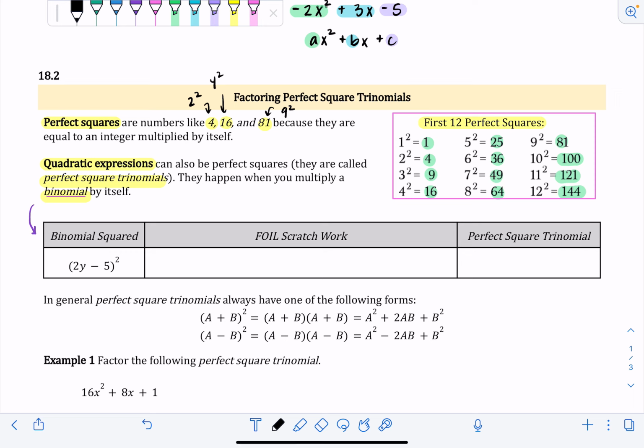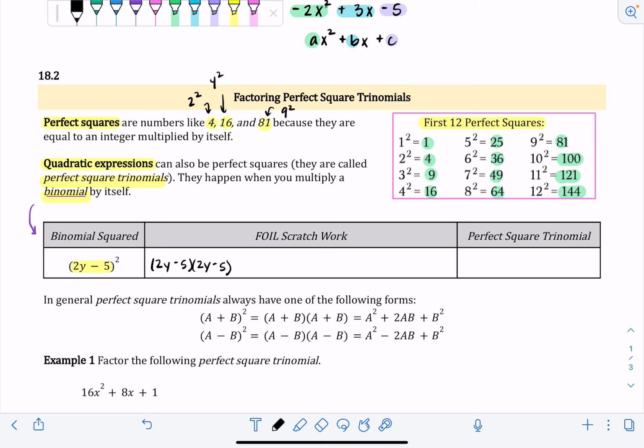It would be faster, but we can't because this entire quantity is being squared. So what we have to do is expand it. We would say 2y minus 5 times 2y minus 5, the whole thing times itself. That's what squaring something means: taking something and multiplying it by itself.